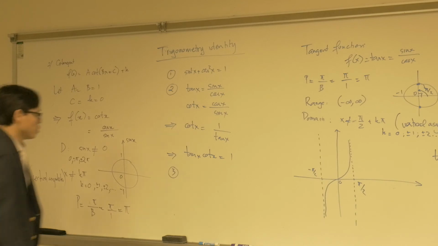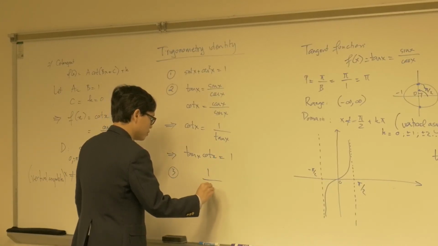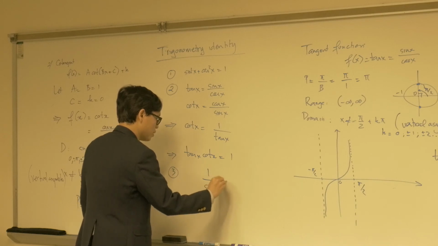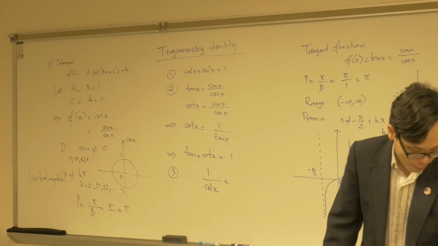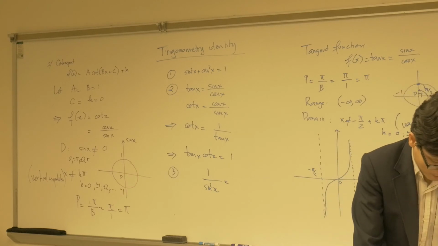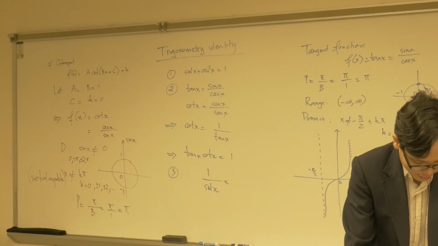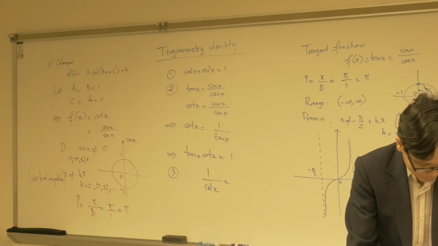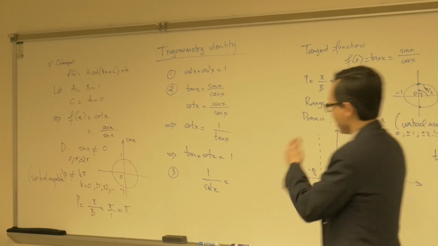Number 3. We know that 1 over sine squared equals one of the formulas we already learned. Anyone remember? 1 over sine squared gives you what? 1 over sine equals cosecant.